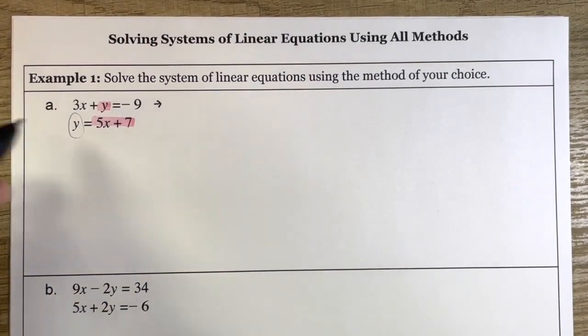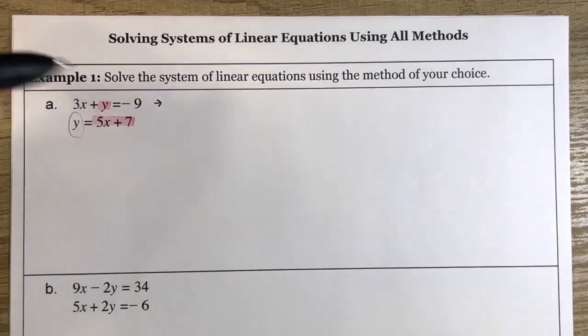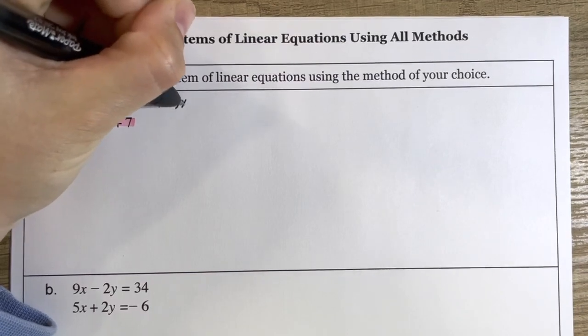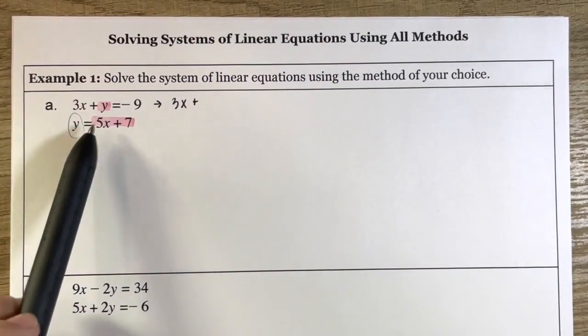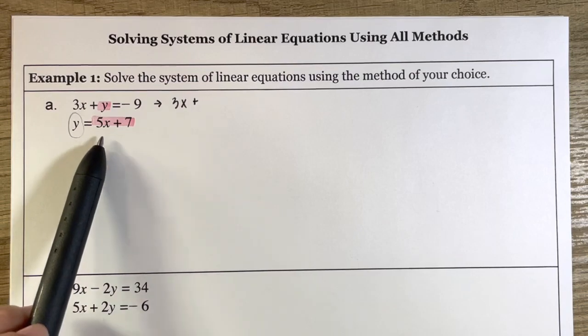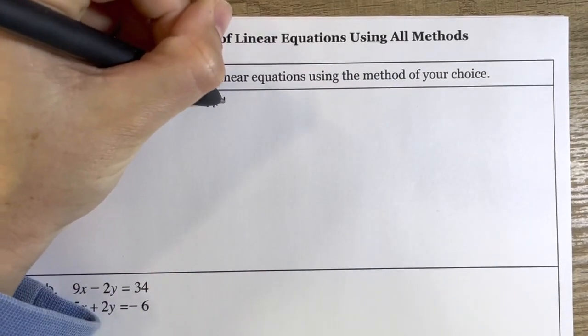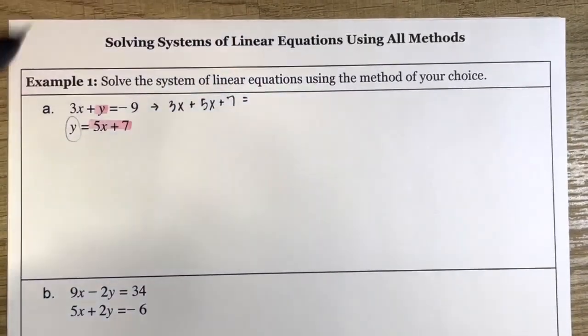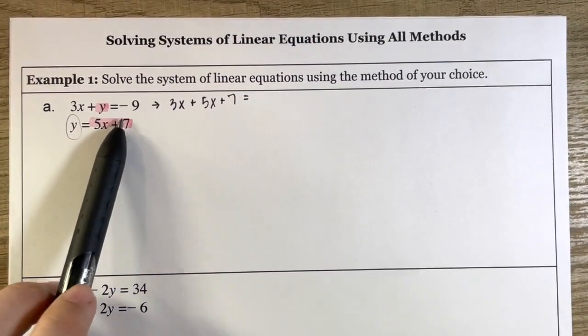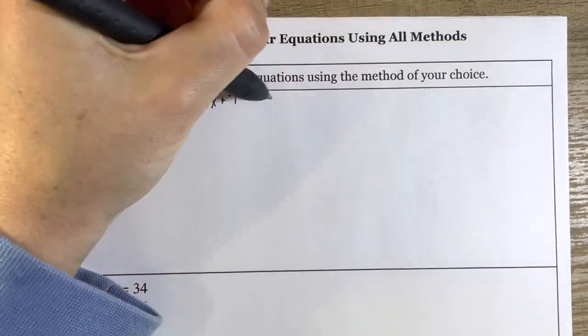So the first equation, everything else stays the same. So 3x plus, that comes first. And then instead of y, it'll be plus 5x plus 7. And then equals, after what was originally the y, -9.